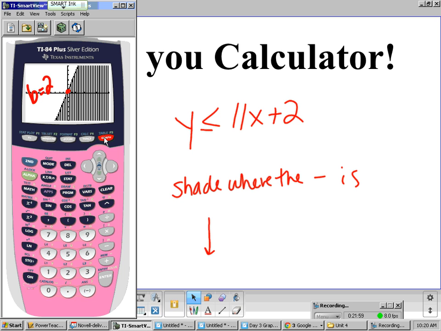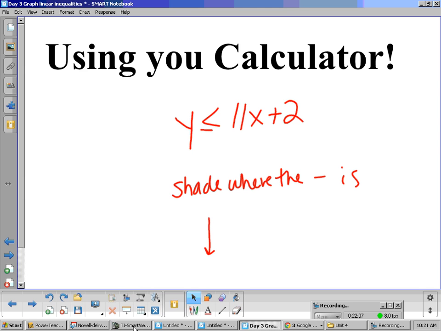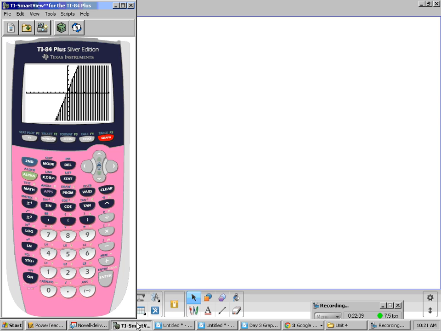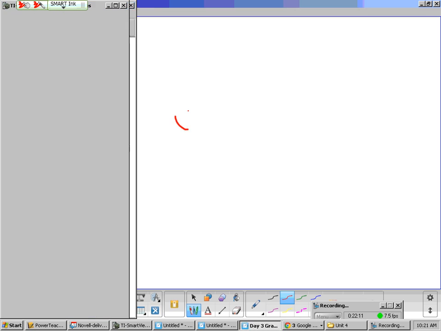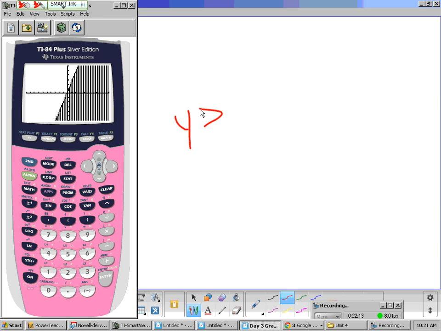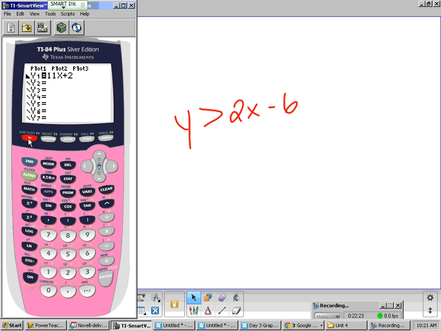So let's try another one. Let's say we have y is greater than 2x minus 6. So I'm going to go into my y equals. I'm going to put in there 2x minus 6.